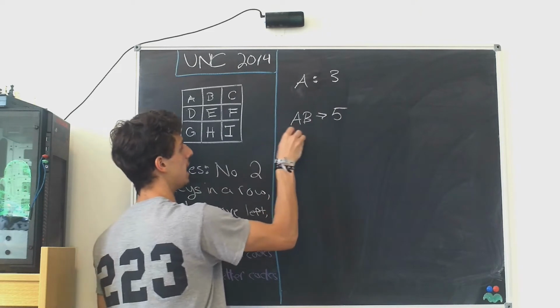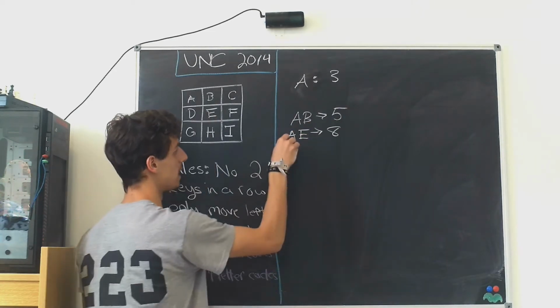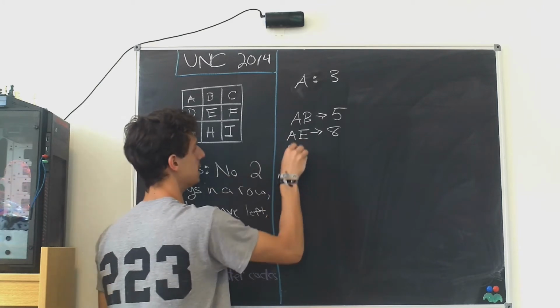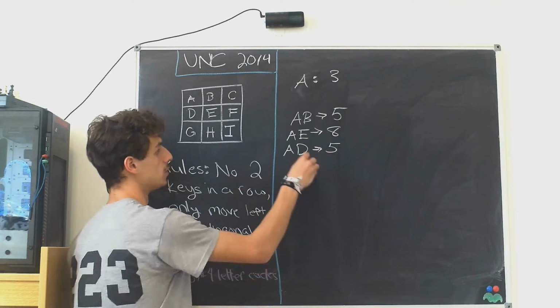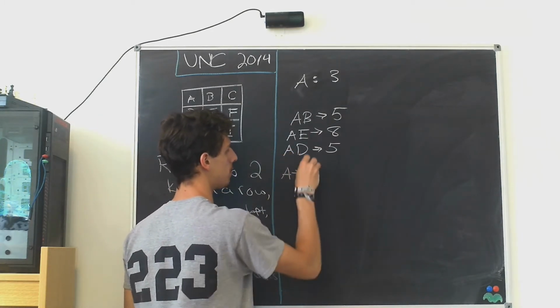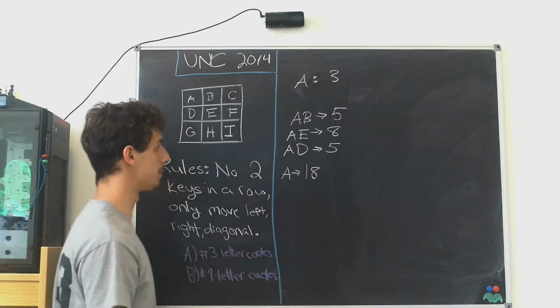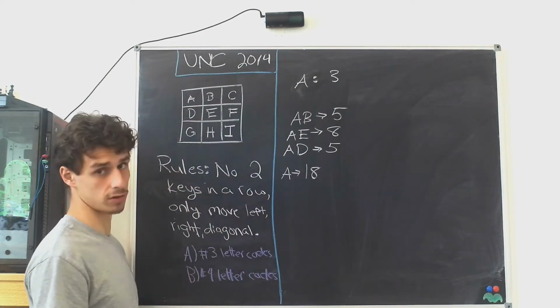If we go A, E, then we have 8 numbers as our last letter. And if we go A, D, we have 5 numbers as well. So that means adding all of these up, if we choose A as our first letter, we have 18 different possibilities.